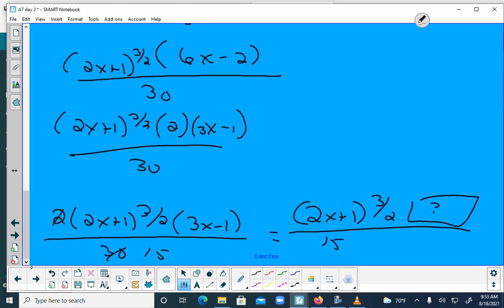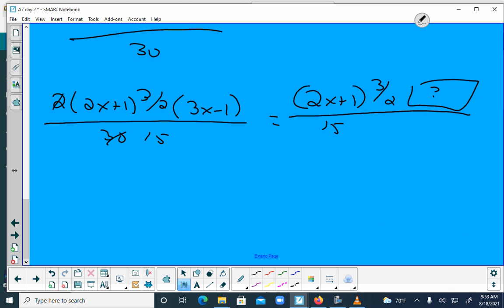So now that I have that, I can see that I have this. Oh, bad highlighting choice. Look at that. I have this. I have the 15. So what has to go in that box? 3x minus 1.